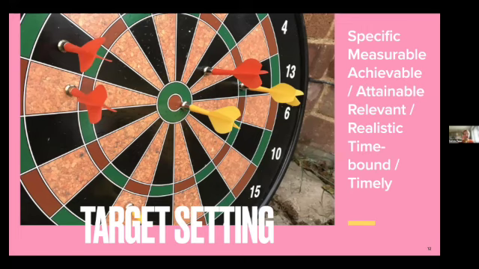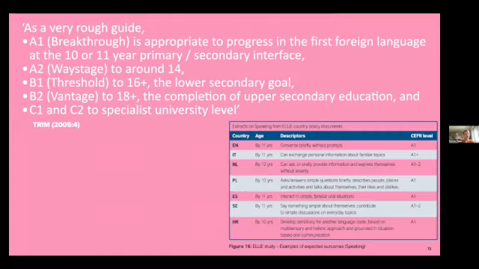So this is where you'll see that the age of awakening and disillusionment may have come in. For some people, we know that the target for A1, according to Tim, was at the end of primary and beginning of secondary, A1, which is a very low level.